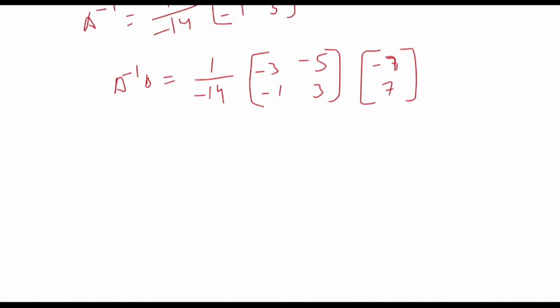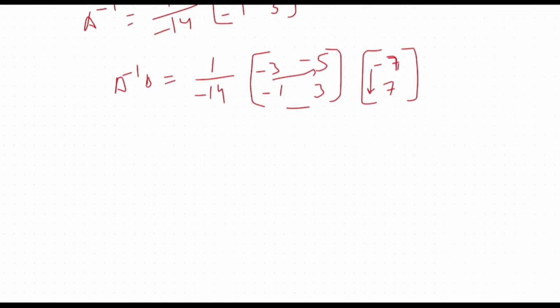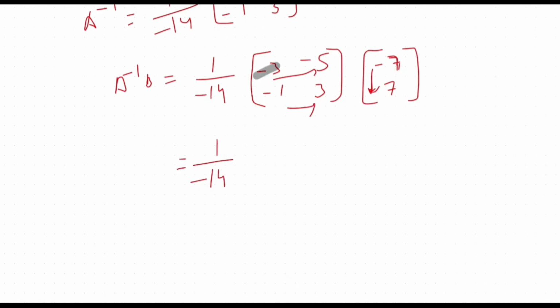So now we just need to multiply this row with this column and then again this row with this column. So I'm doing the first element negative 3 with negative 7. So we have 21. 3 into 7 is 21, right?